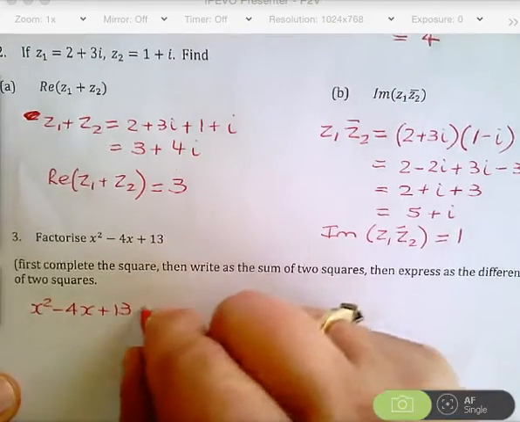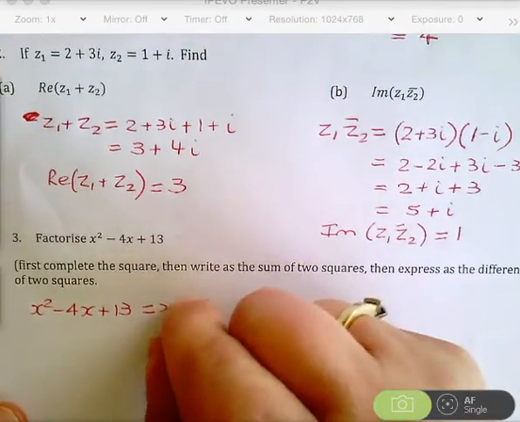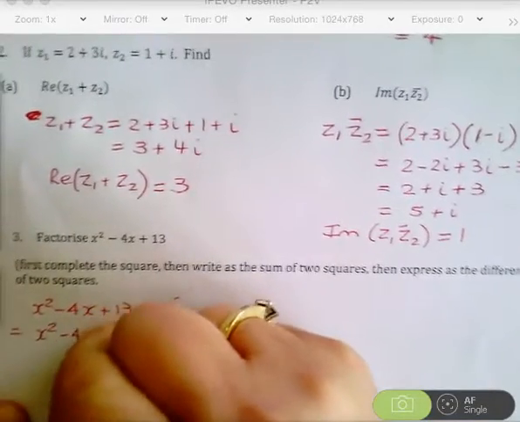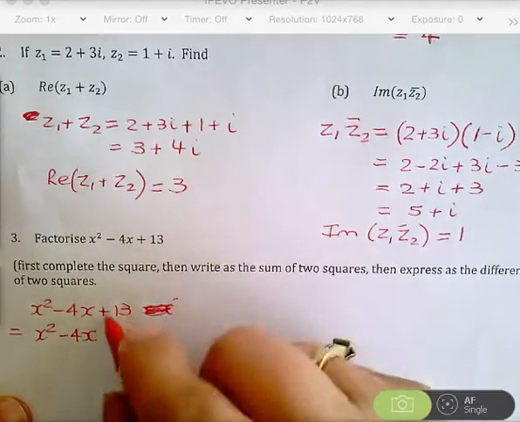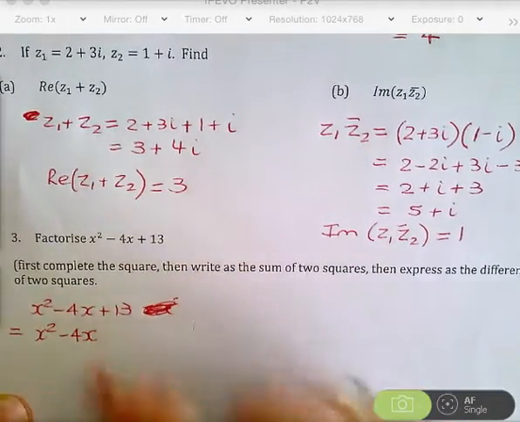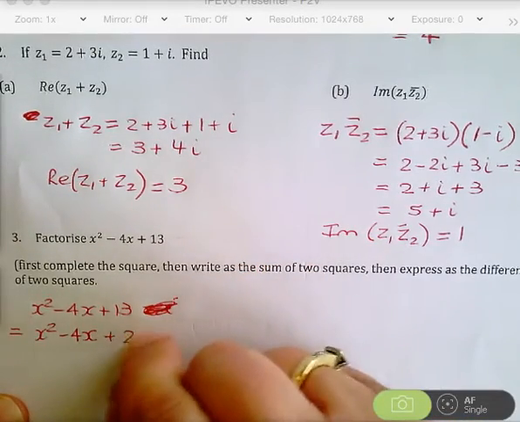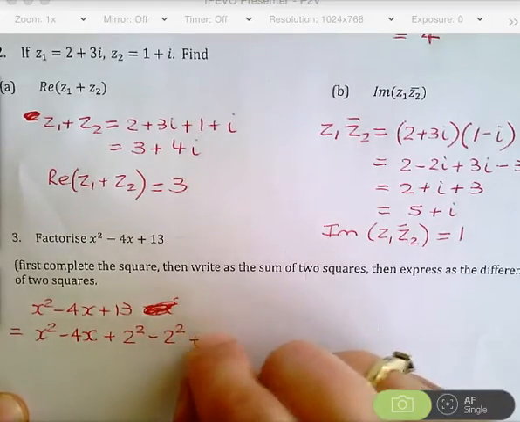So I say x squared minus 4x plus 13 equals x squared minus 4x. Now, girls, I'm just going to keep the 13 aside. How do I complete the square? Halve the 4 and you get, so I'm going to go plus 2 squared minus 2 squared plus 13.